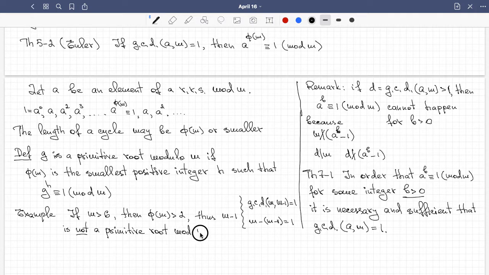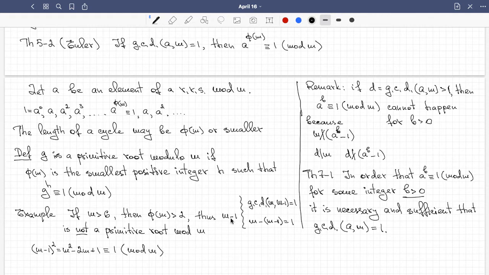Modulo m. Indeed, what happens when we take powers of m minus 1? M minus 1 squared is m squared minus 2m plus 1, and this is congruent to 1 modulo m.